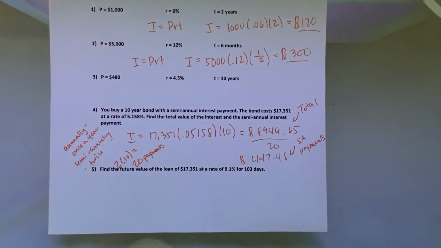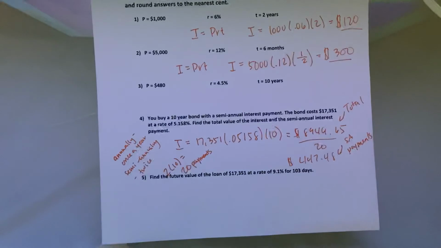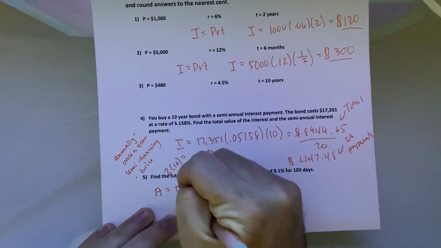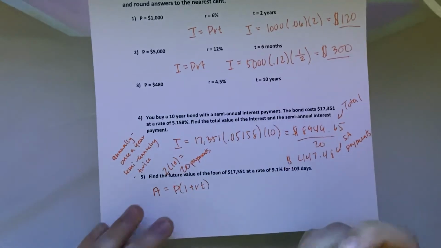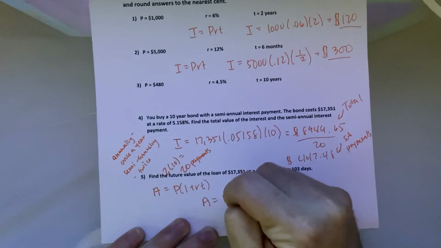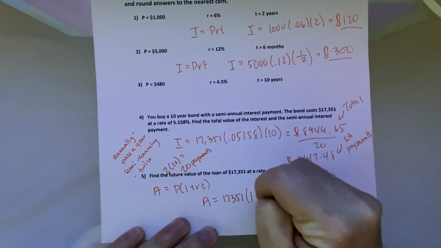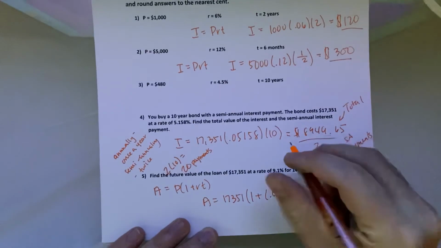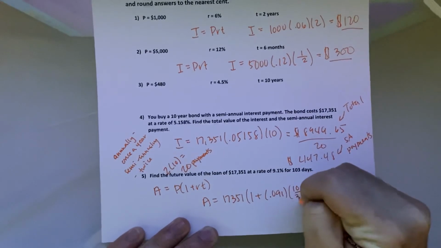Okay, future value questions. Find the future value of the loan of $17,351 at a rate of 9.1% for 103 days. This is the A equals P times (1 plus RT) formula. So our future value is equal to $17,351 times (1 plus our rate, 0.091, times our time, so 103 days over 360).